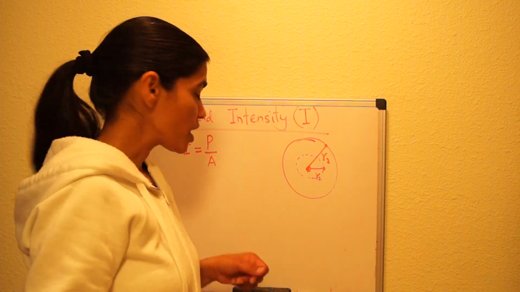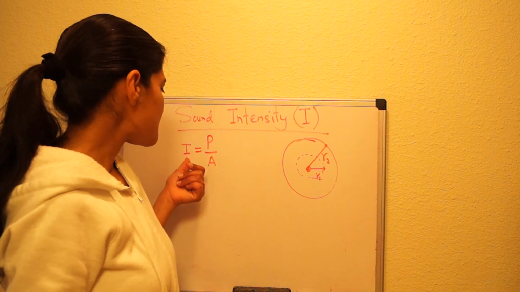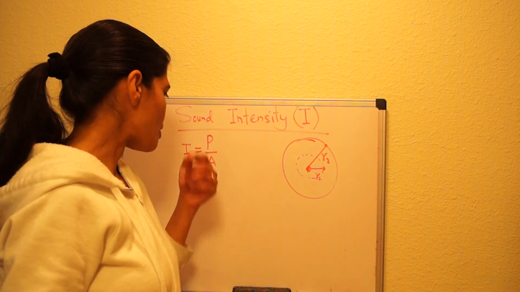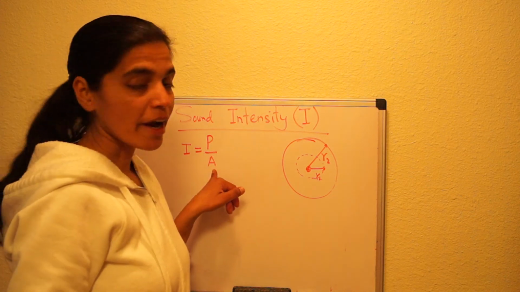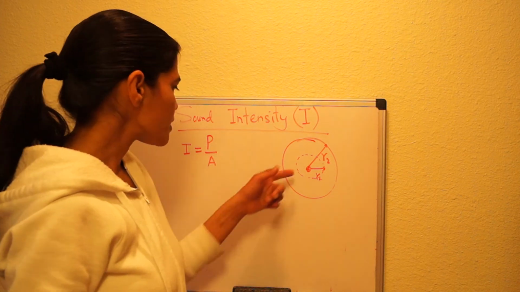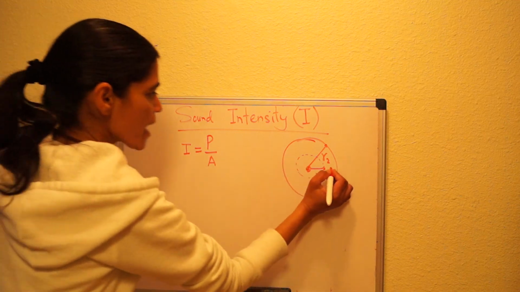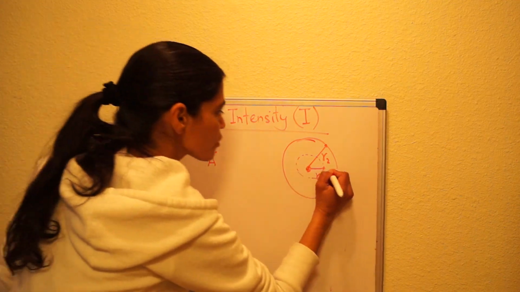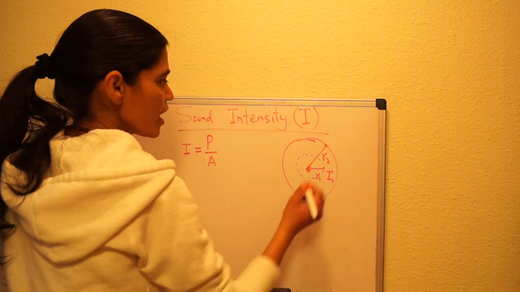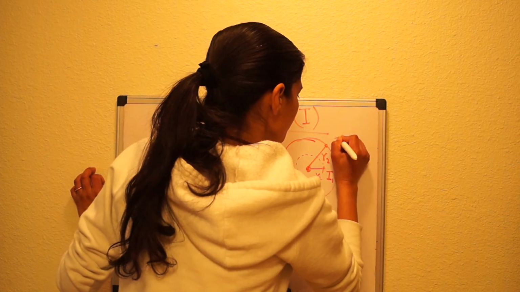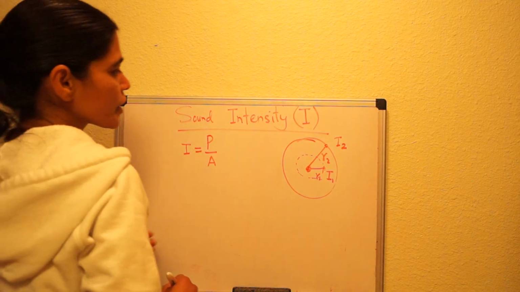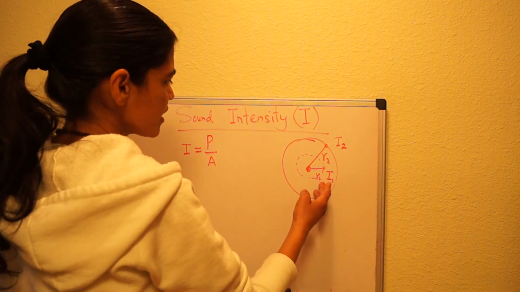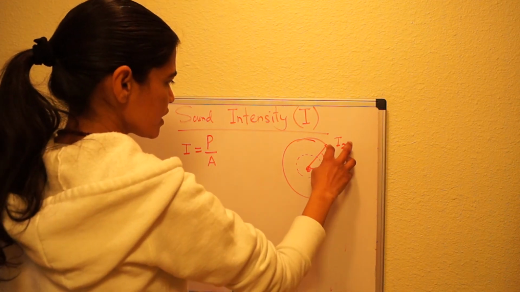That's the power. And the intensity is the ratio of the power per unit area, okay? So at this point we have intensity I1, and at this other point we have a different intensity, I2. Just looking at this, it's obvious that the intensity at I1 would be different from the intensity at I2.